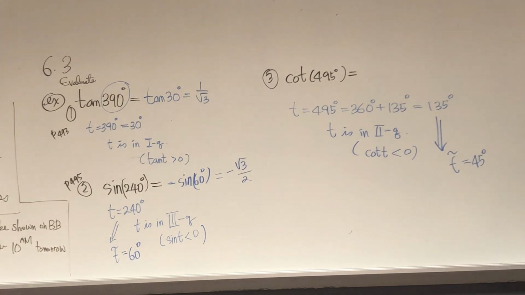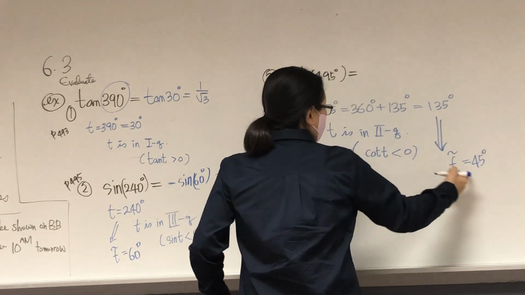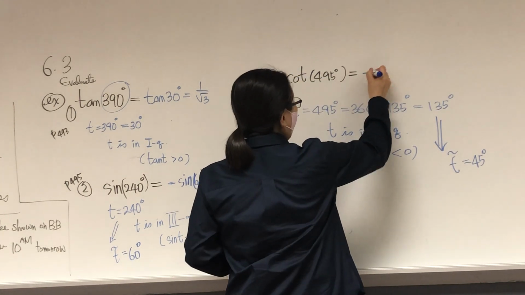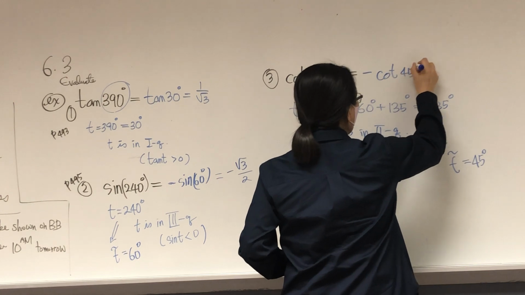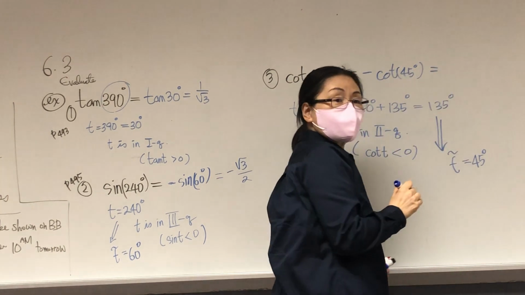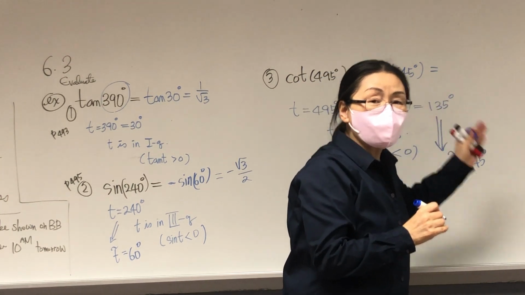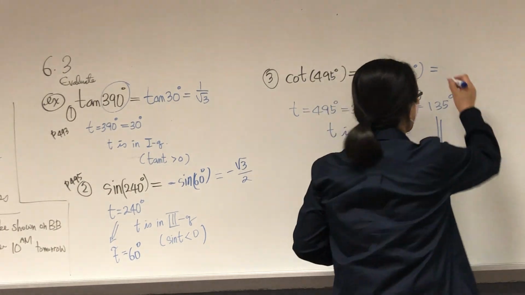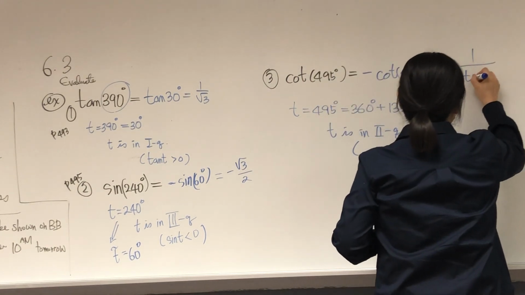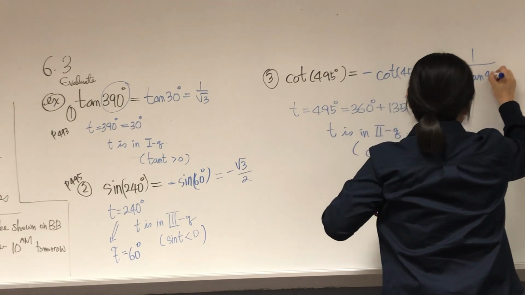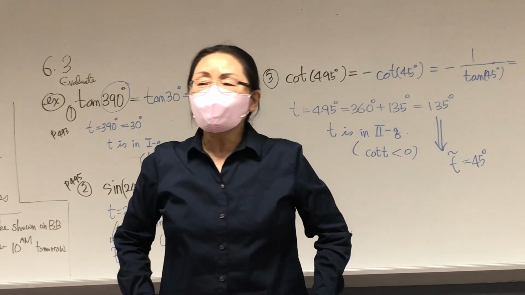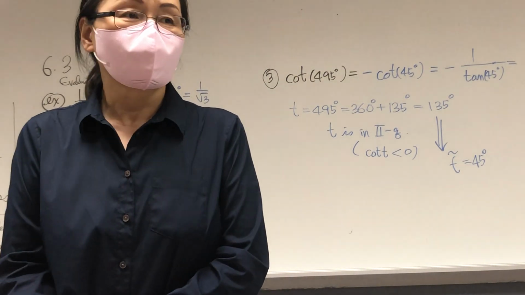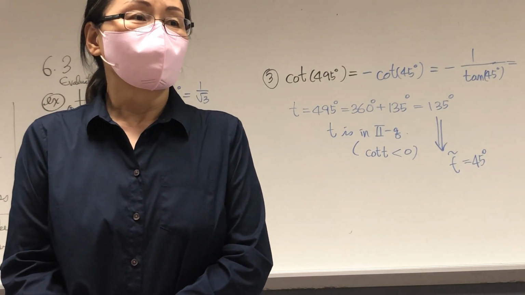So combine this together. It is negative cotangent 45 degrees. Am I right? Yes. Cotangent is what? 1 over tangent. So it is negative 1 over tangent of 45 degrees, or pi over 4. Good job. What is tangent of pi over 4? 1.